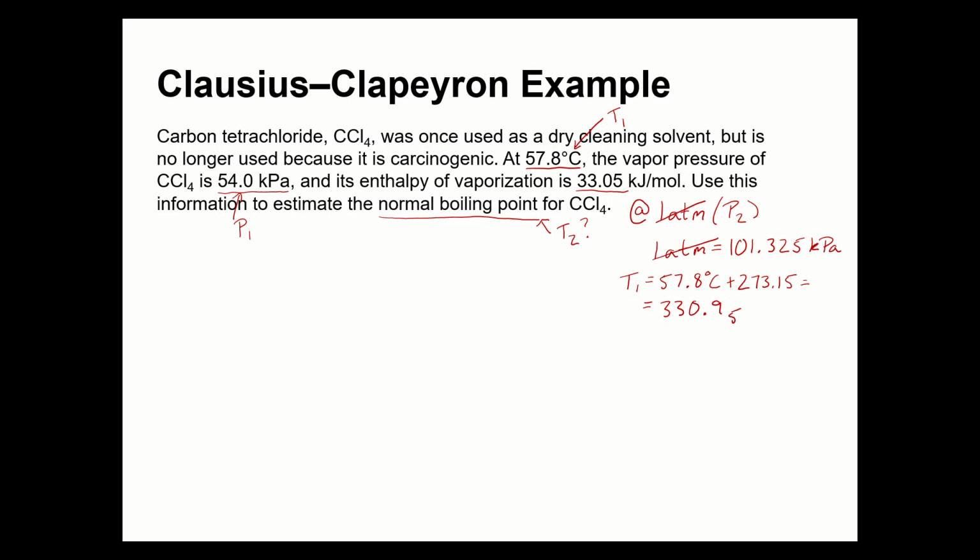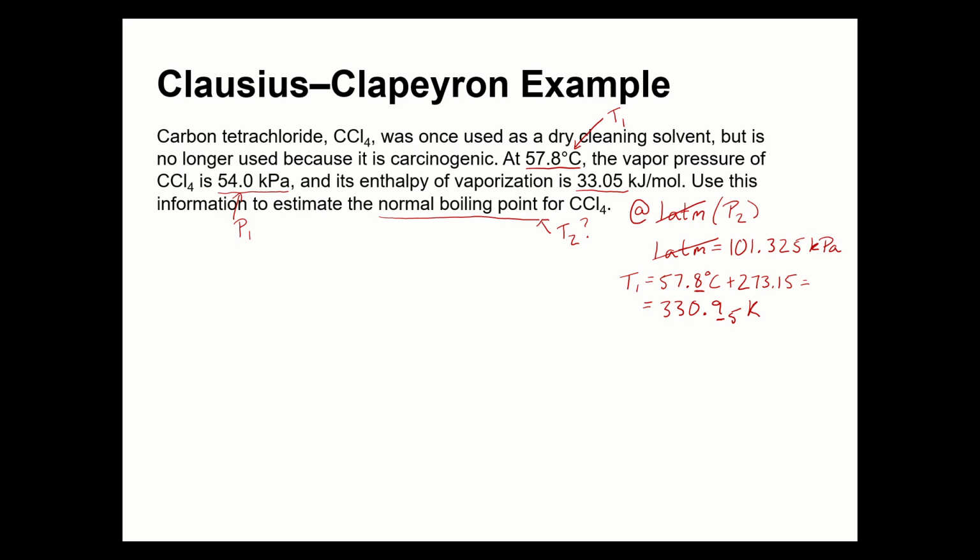And based on significant figures, remember when you're adding numbers together, it's based off of the shortest number of decimal places. And your given value goes out to the tenths place, which means that based on significance, it goes out to the tenths place in your answer as well. But we're keeping that 5 because we want to prevent round-off errors. So T1 is 330.95 Kelvin.